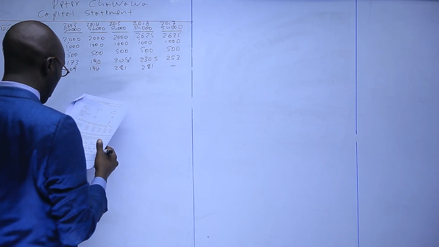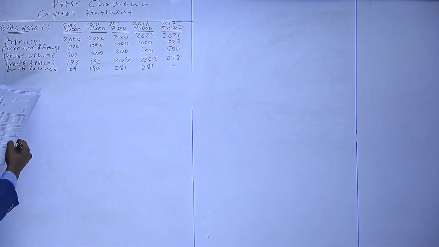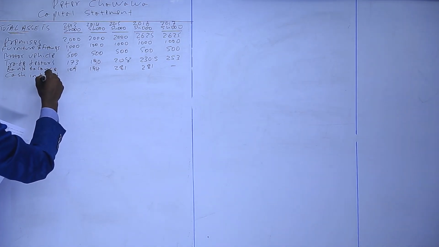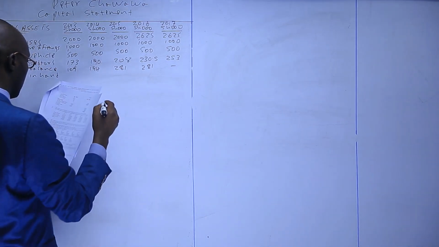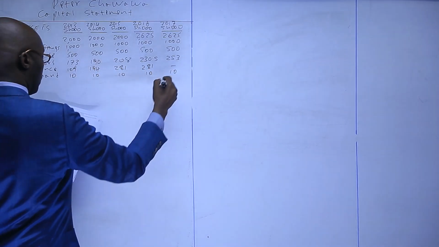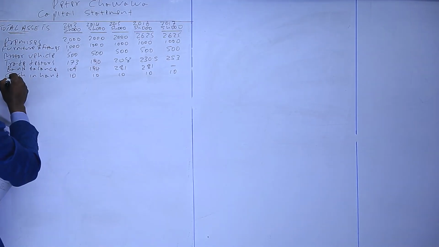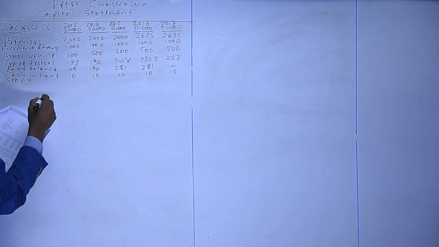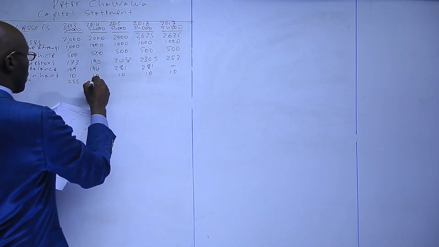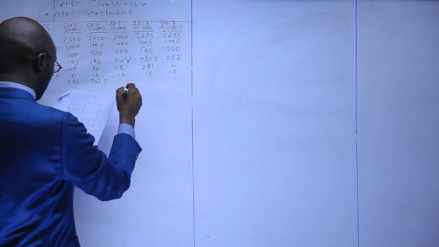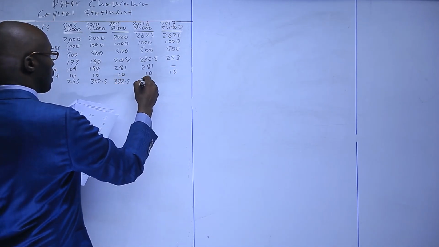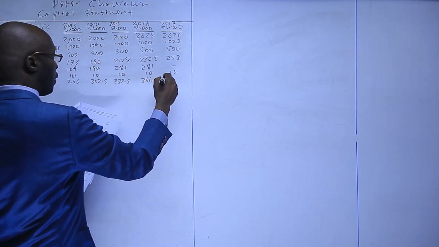Now for the last year it is an overdraft, so we put a dash. We have cash in hand, 10. Stock, 255, 302.5, 332.5, 366, 402.5.